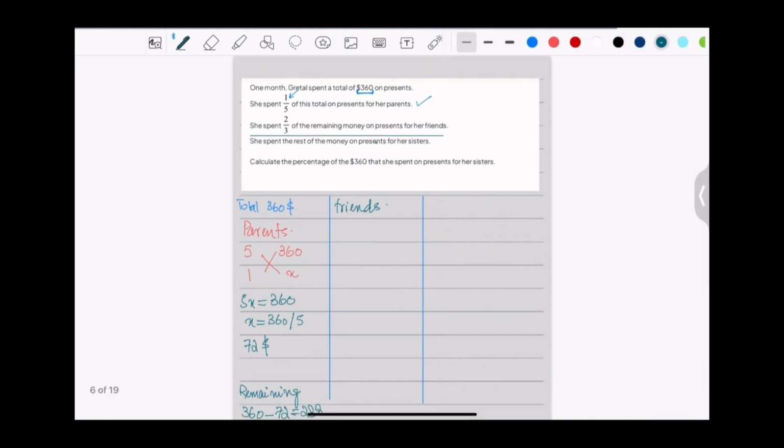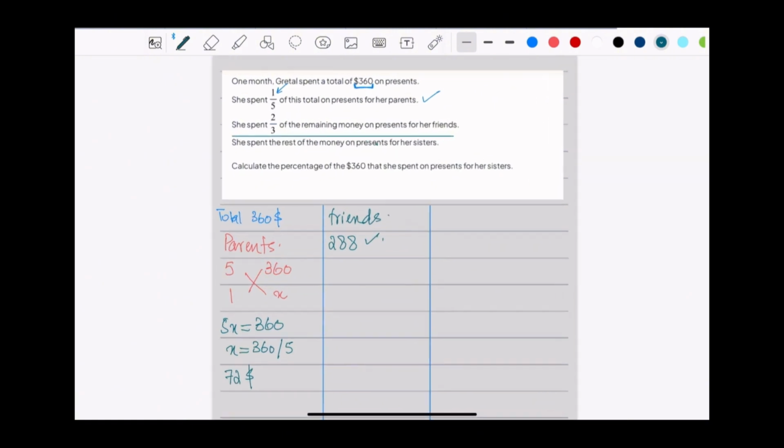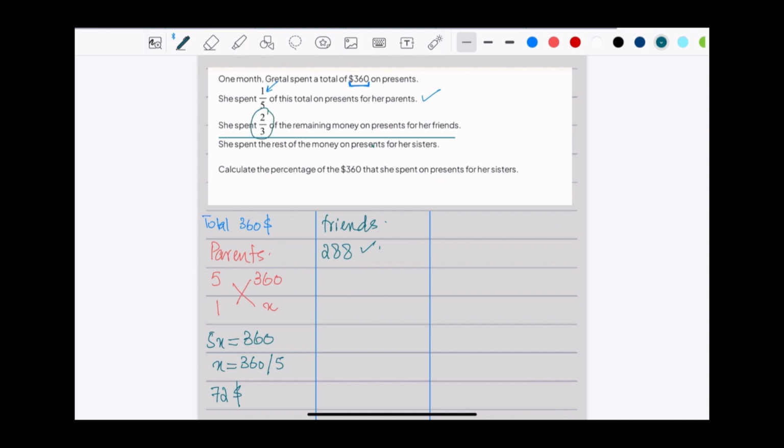So the total amount now left with her is 288. So this is the maximum amount right now. The proportion is 2/3 of 288, which means the 288 is divided into 3 portions, out of which 2 were given to her friends.